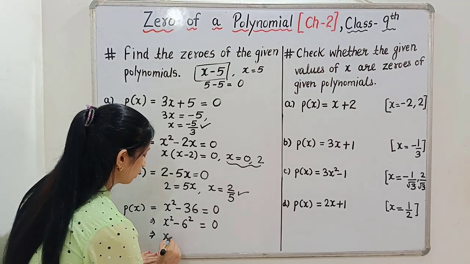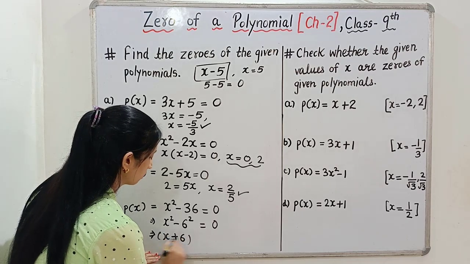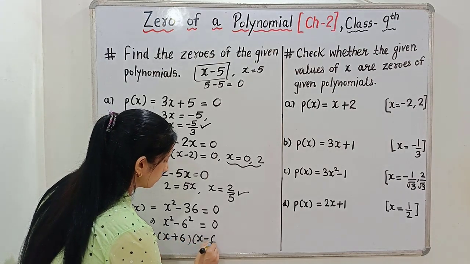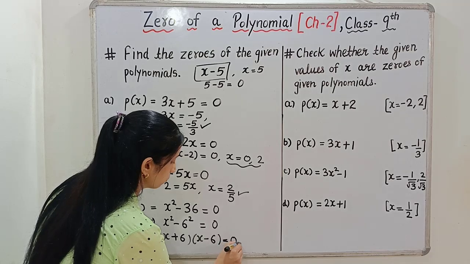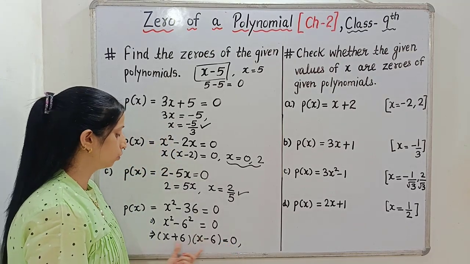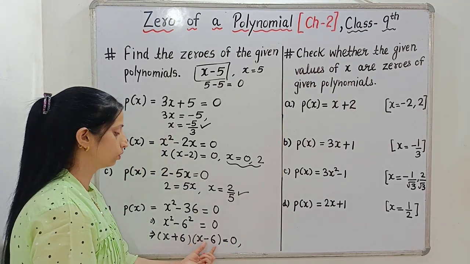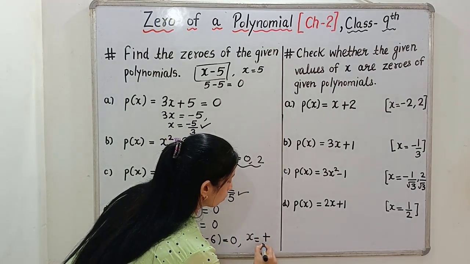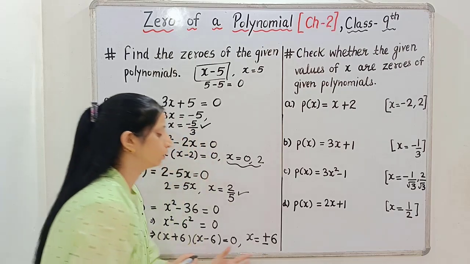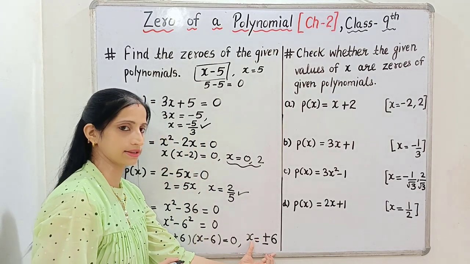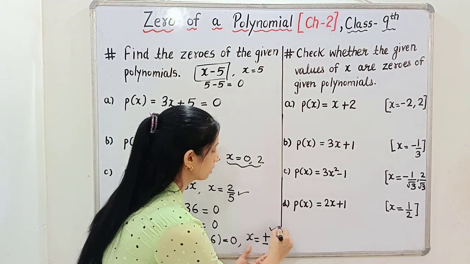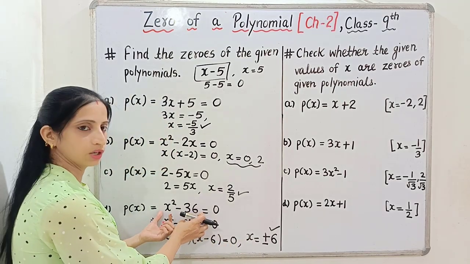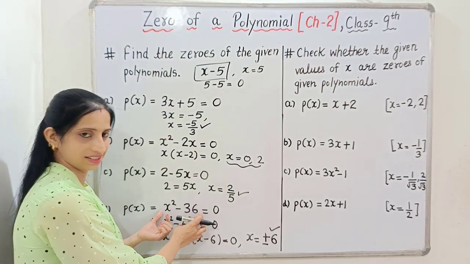So we can write (x plus 6)(x minus 6) is equal to 0. Hence we will get two values of x here: x is equal to plus 6 or minus 6. So both of these are zeros of this given polynomial x square minus 36.